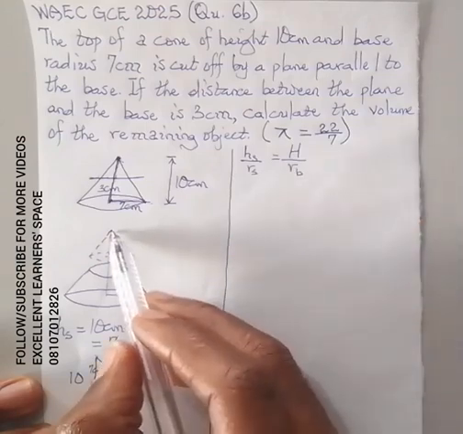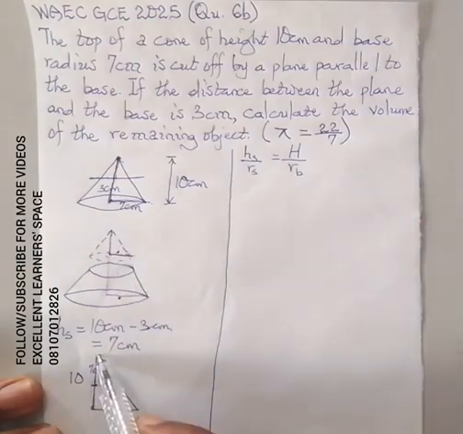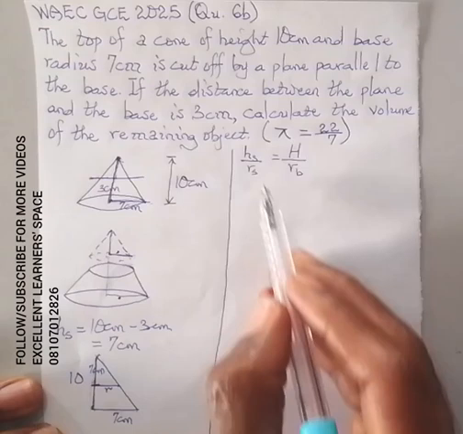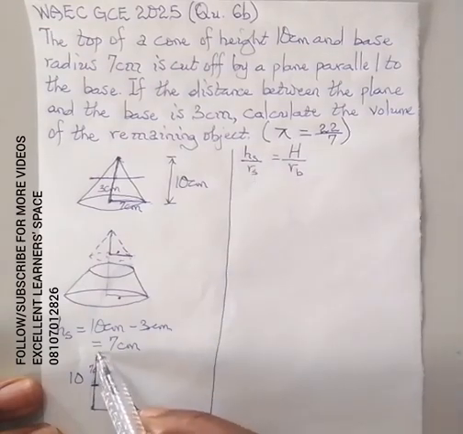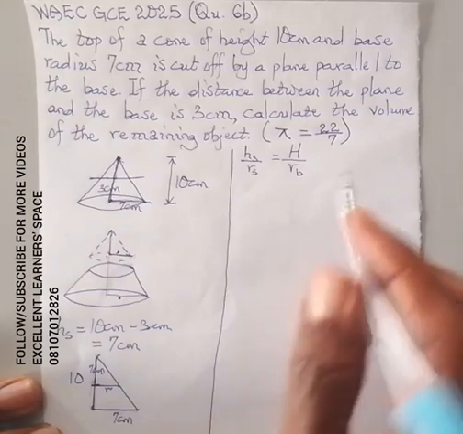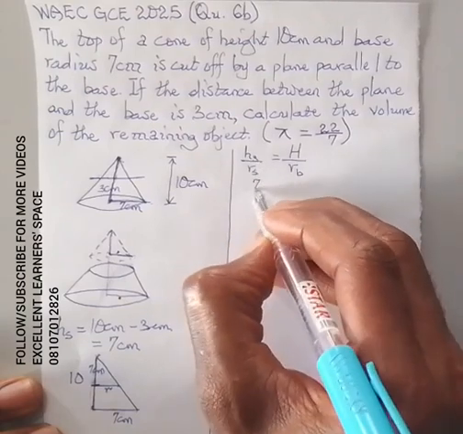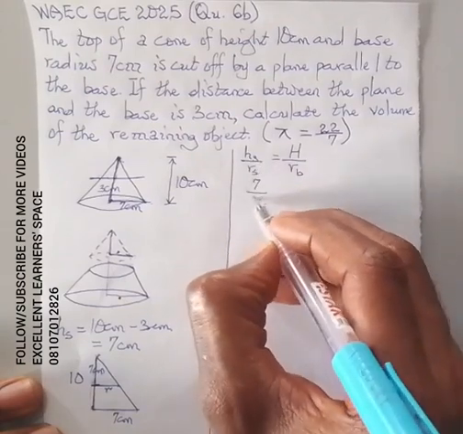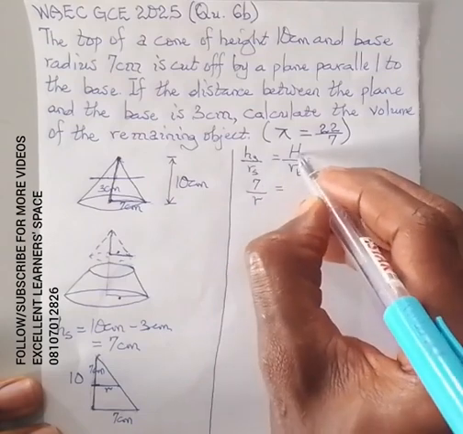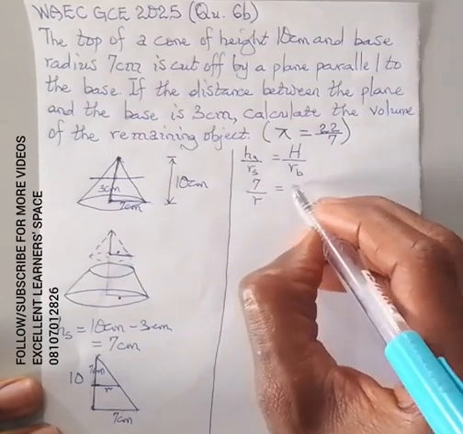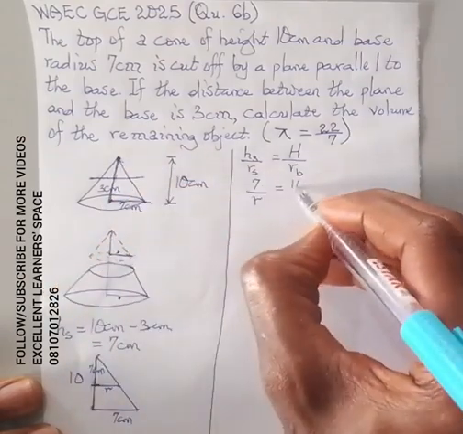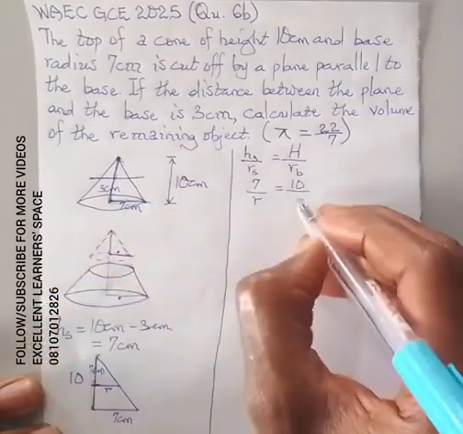By this similar triangle, height of smaller cone 7 over radius of smaller cone, which is RS, equals height of bigger cone, which is 10, over radius of bigger cone, which is 7.